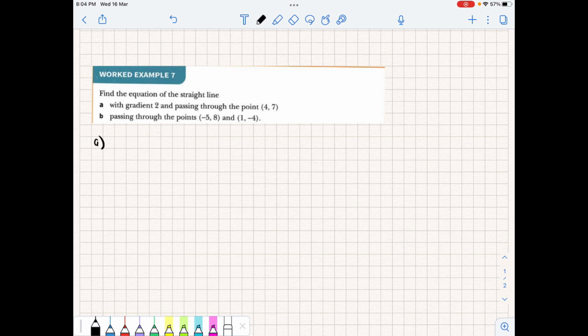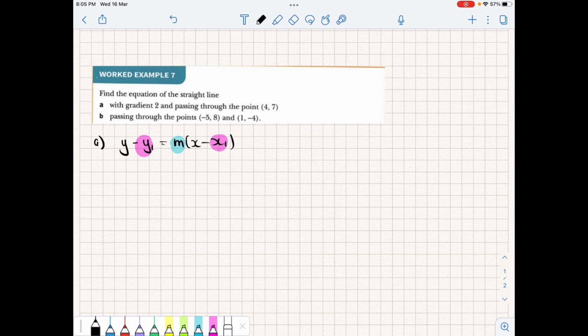So we can use our new equation, y minus y1 equal to m times x minus x1, remembering that we are substituting the point in here. Make sure you always substitute in brackets because it's y minus y1. We don't want to get caught out by double negatives, and we put the gradient here.